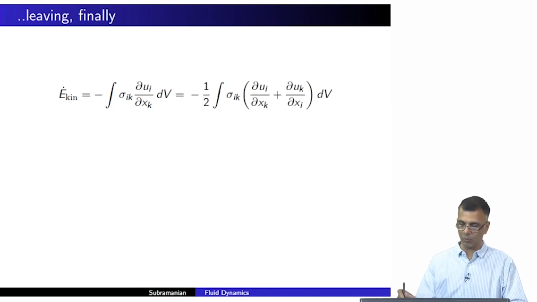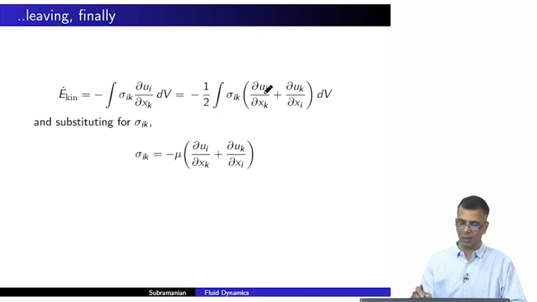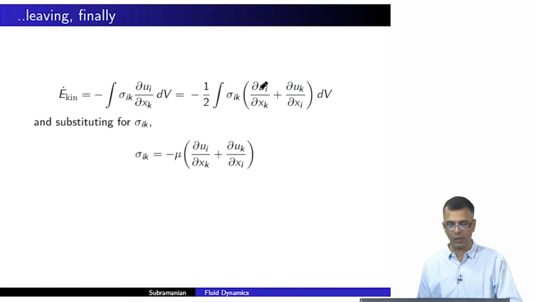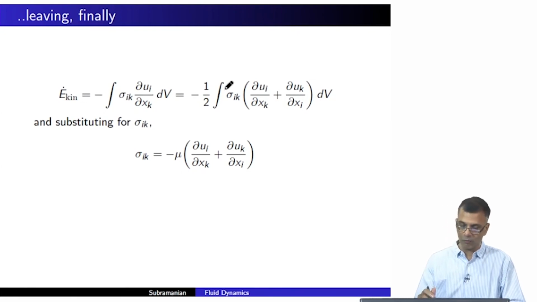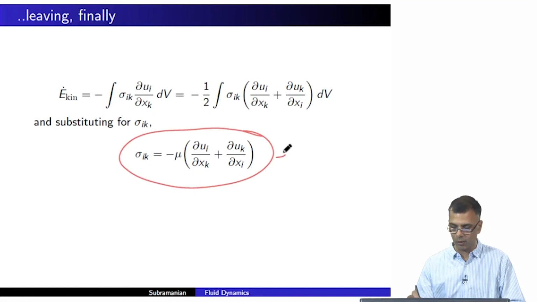Simply substituting for this, and for sigma ik, well, here I have not yet substituted, I'm simply writing this in the same spirit that we did earlier, and substituting for sigma ik, we know that this is the definition. In other words, this is only for Newtonian fluids, mind you.